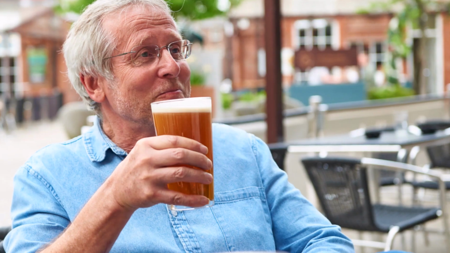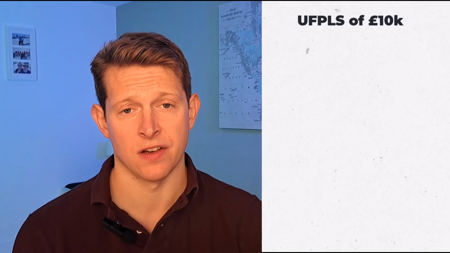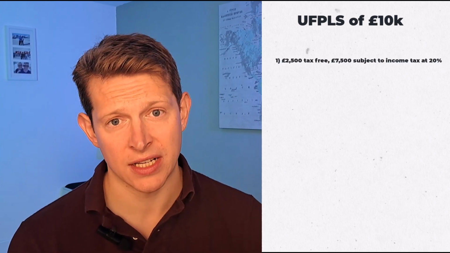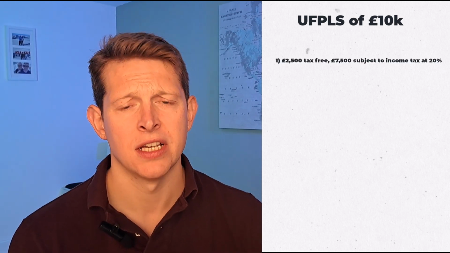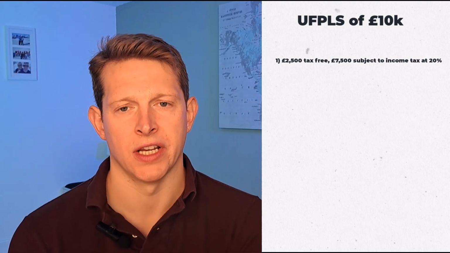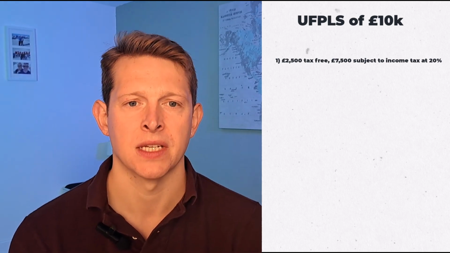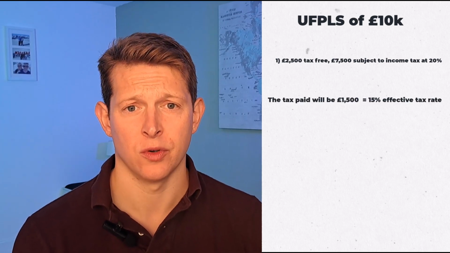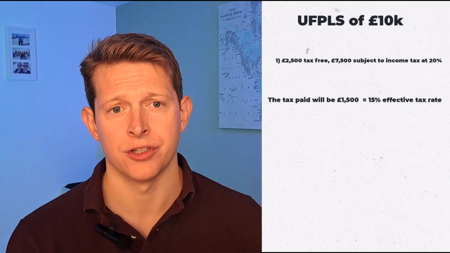Let's see a case study of how a UFPLS would work in practice. So Fred is retired, and his state pension and defined benefit pension comes to £15k a year. If Fred takes a UFPLS payment of £10,000, and as we've said, 2.5k will be tax-free, and the remaining £7,500 will be subject to income tax of 20%. This means the tax payable will be £1,500.